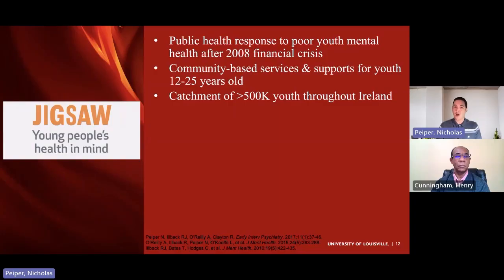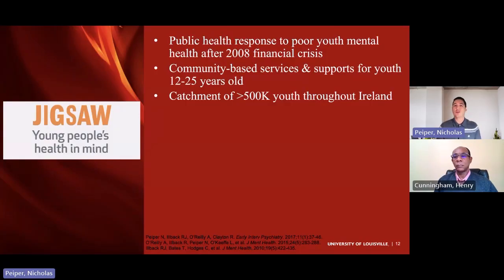This was done on a regional level. At the time that I was doing this work 15 years ago, there were 10 youth mental health clinics that were co-created with young people, service providers, and other community members. Each one of these regional clinics and support places was tailored to that particular community.